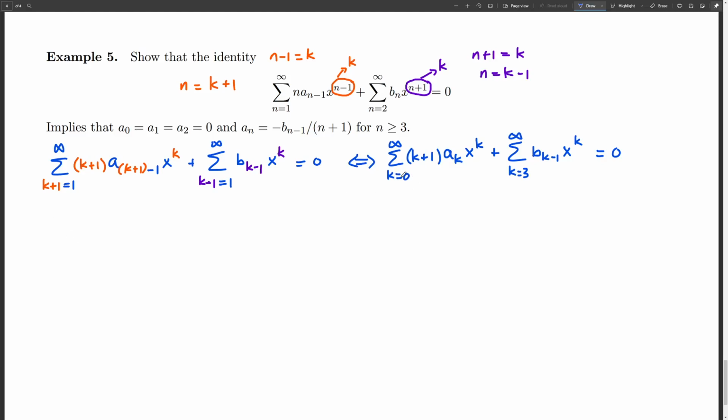So if we plug in k equals 0, we get 0 plus 1 times a 0. So the first term is a naught.